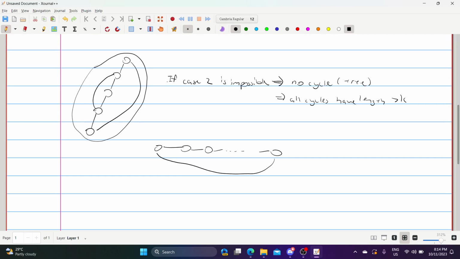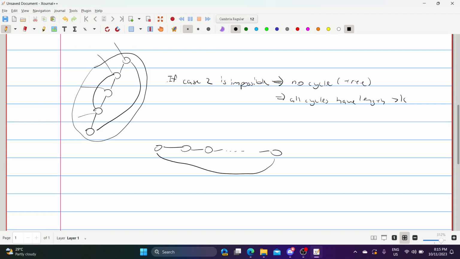So if we find the smallest possible cycle, it means that all the edges outgoing from the vertices are outside of the cycle. There won't be other edges that go in between the vertices in the cycle.